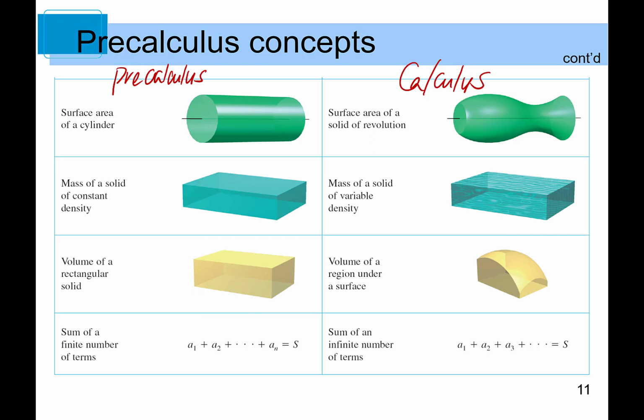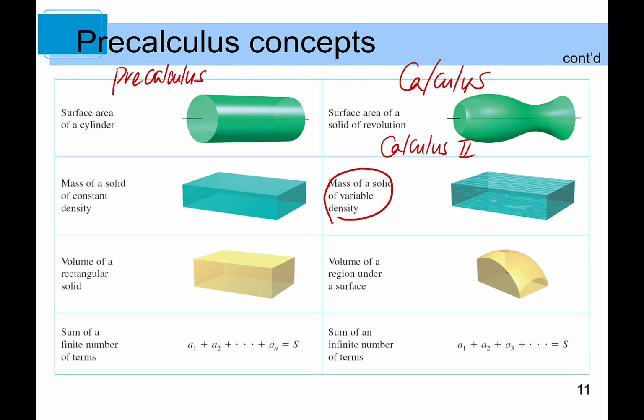But in calculus, you learn how to find the surface area of a solid of revolution, which is in calculus 2 in our school. And in pre-calculus, you can find the mass of a solid of a constant density. And in calculus, you'll be able to find the mass of a solid of variable density.